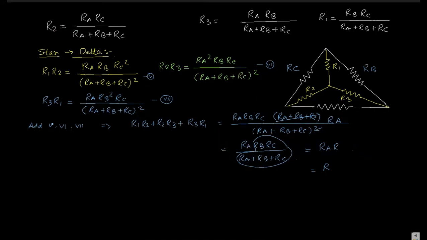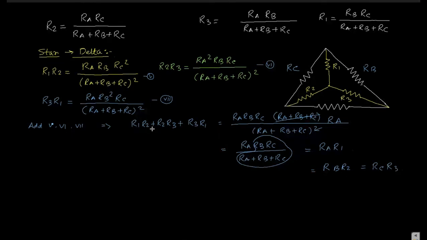As A is absent, it becomes R1. Again, RA RB divided by all these things becomes R3. RB RC becomes R2, like this RC RA becomes R3. There is a parity. You should maintain the parity. When RA is there, then it is R1. When RB is there, then it should be R2. When RC is there, it becomes R3.